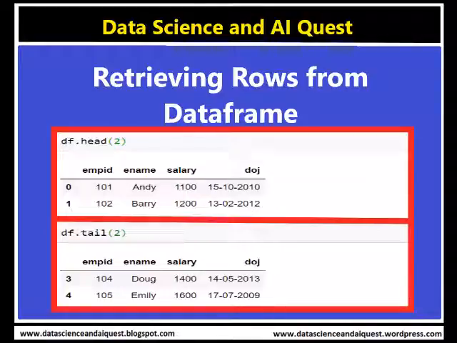Similarly, to look at the trailing portions or the bottom sections of the data frame, with regard to the number of rows one wants to see, one can use the tail method. This will provide us the last n number of rows within the data frame.